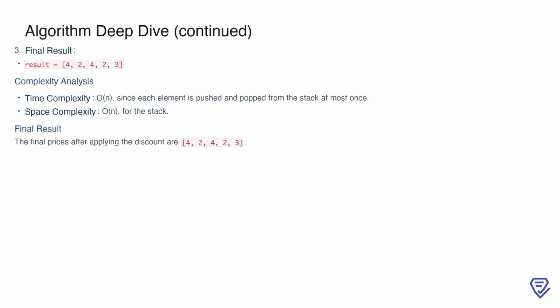The space complexity is also O(n), due to the stack. This makes the optimized approach highly efficient, even for larger input arrays. In conclusion, the final prices after applying the discount rule are 4, 2, 4, 2, 3. By using a monotonic stack, we've achieved a significant improvement over the brute force method, solving the problem in linear time while maintaining clarity and efficiency.